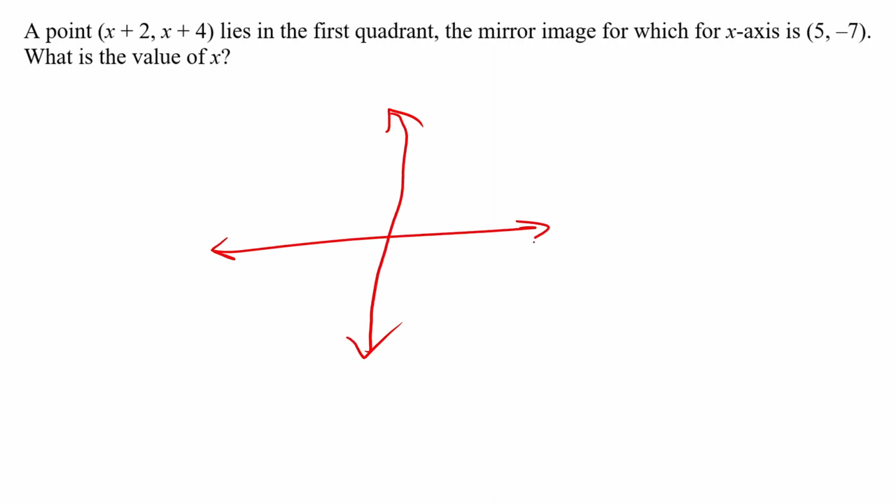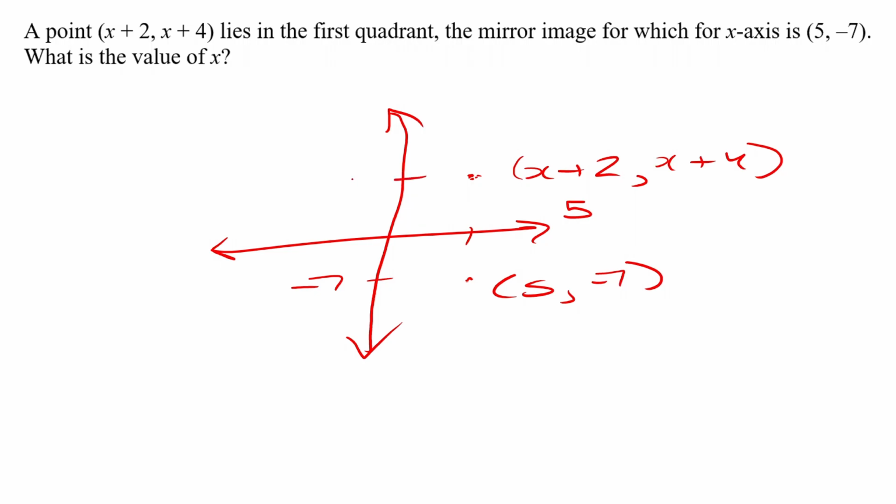So if this lies in the first quadrant, there's some point. Okay, and the mirror image is 5, minus 7. Now this is x plus 2, x plus 4. We know that when we're mirroring it, the x coordinate remains the same, so this value should be 5. It's the y coordinate that changes, so if this is minus 7, this will be 7.